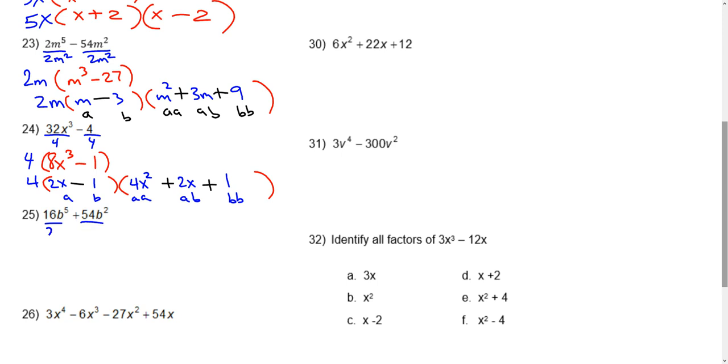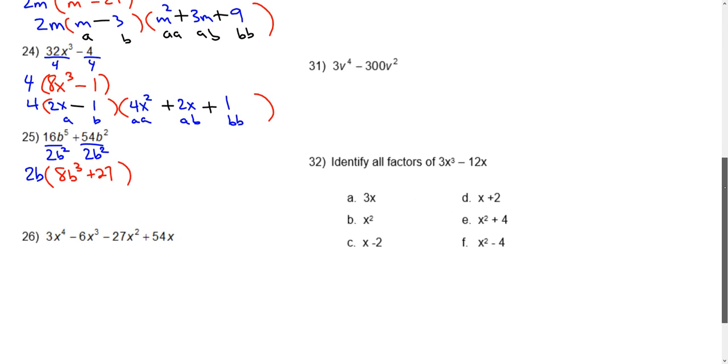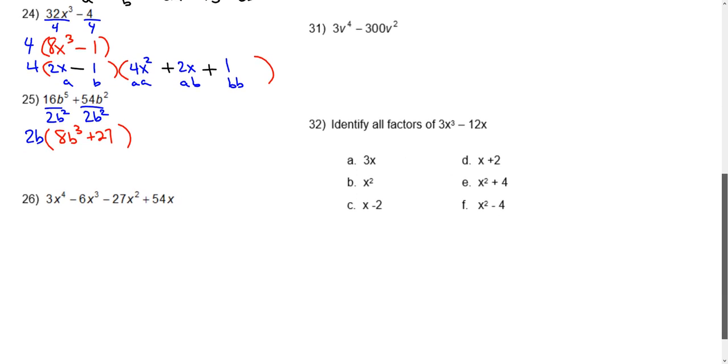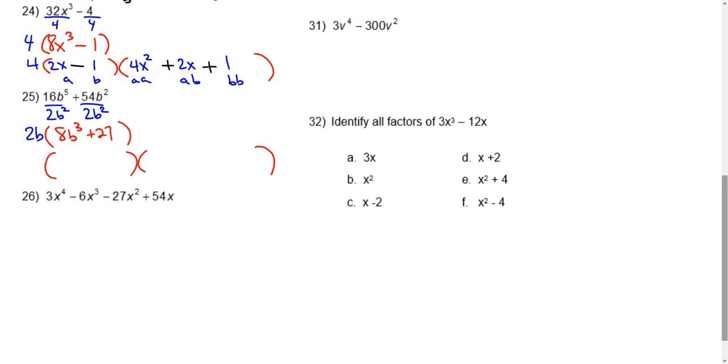GCF is 2b squared. Put that in front. New problem, 8b cubed plus 27. So this problem, again, is a cubes, except this time it's a sum. So using SOAP, same, opposite, always positive.